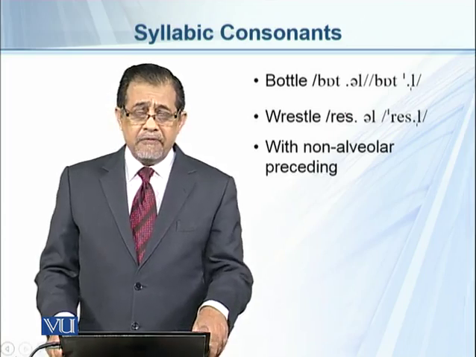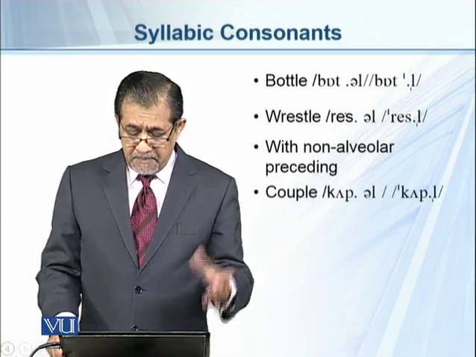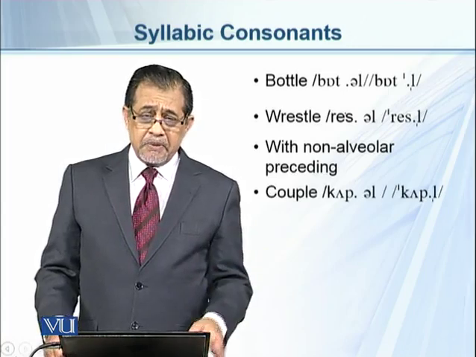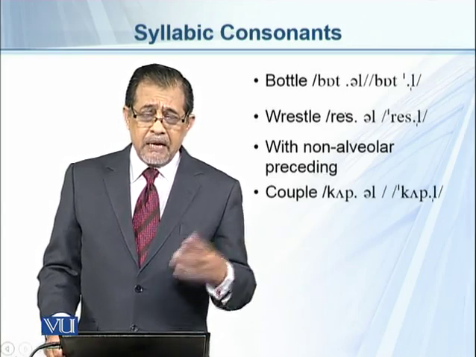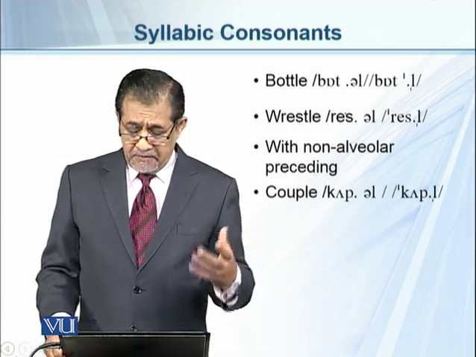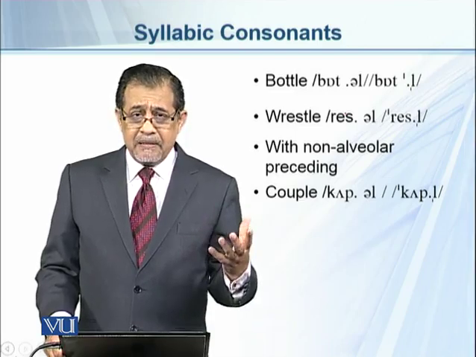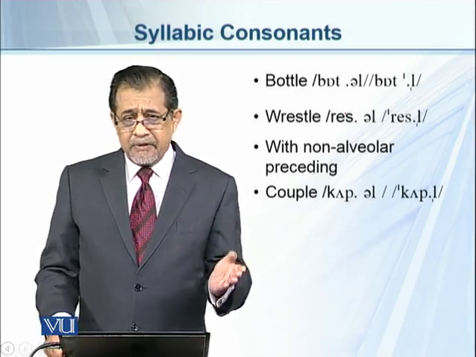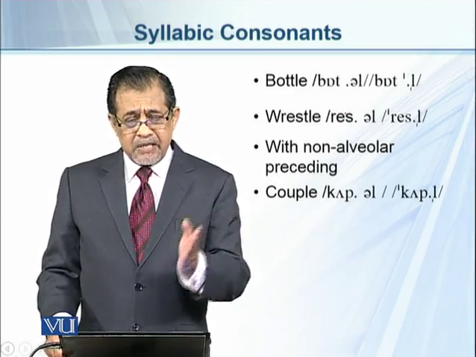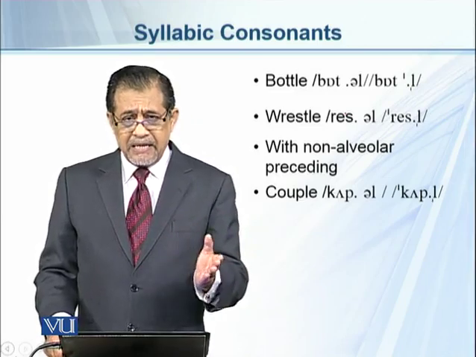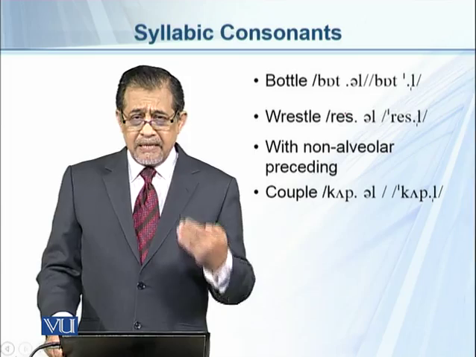With a non-alveolar preceding sound, for example, the same process takes place when we have a bilabial plosive, as in couple. Again, the schwa sound from the second syllable is elided and we get couple.